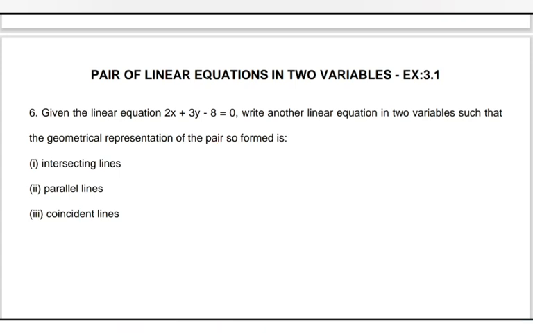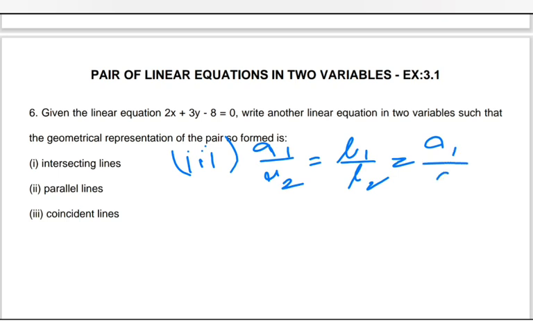So for coincident lines, we should take the condition as a1 by a2 is equal to b1 by b2 is equal to c1 by c2. So this condition must be satisfied.